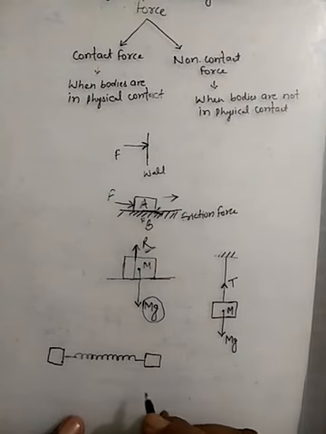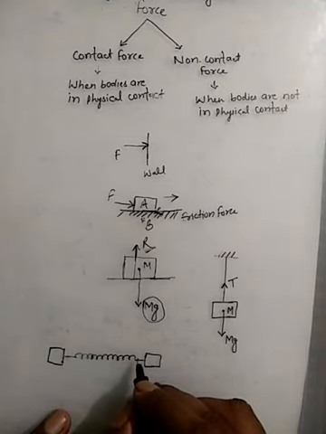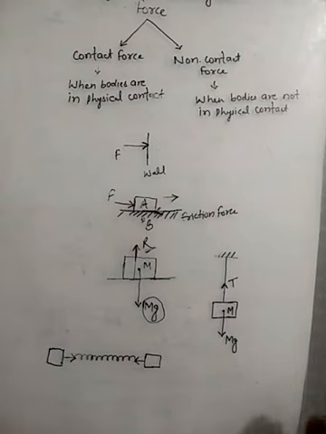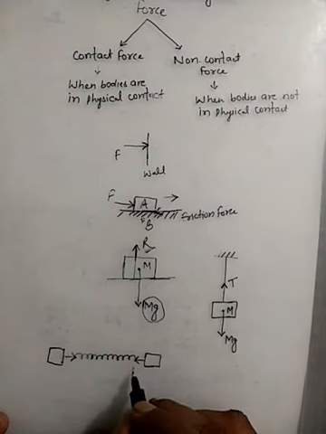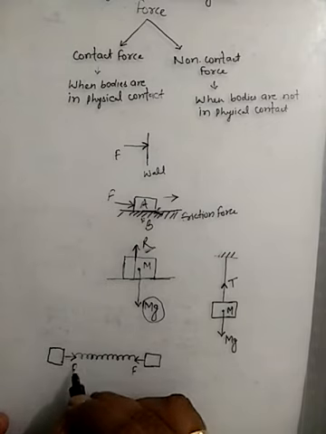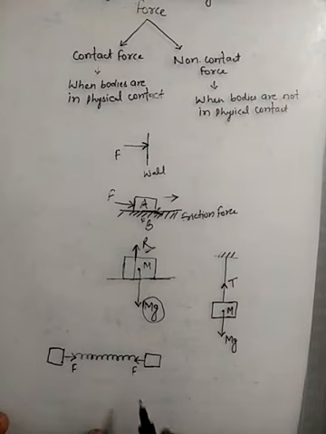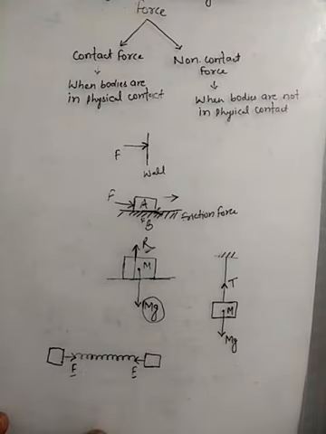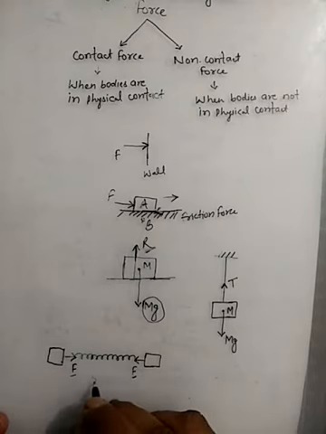This is a stretched spring. In a spring there is always a tendency to return to its original position, and force is applied in this direction. This is the direction of force acting in the spring in a stressed condition.